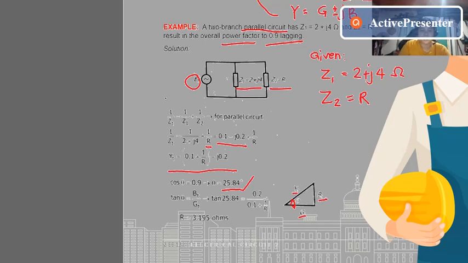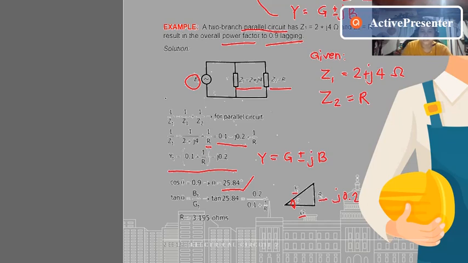Admittance Y is equal to G plus or minus jB. So we are given the tangent, since we are given G and B, which is 0.2. For the tangent, the opposite is 0.2, this j0.2.